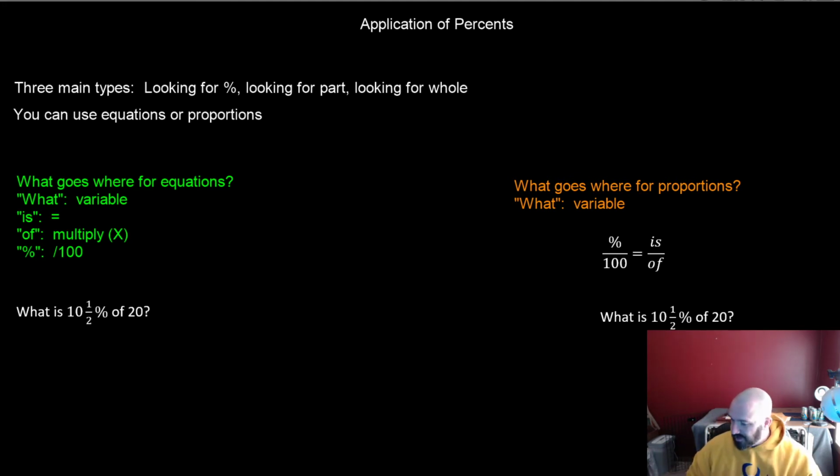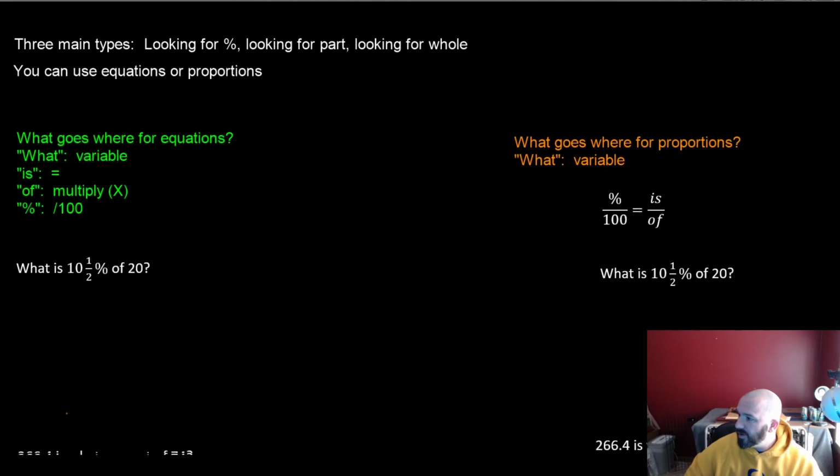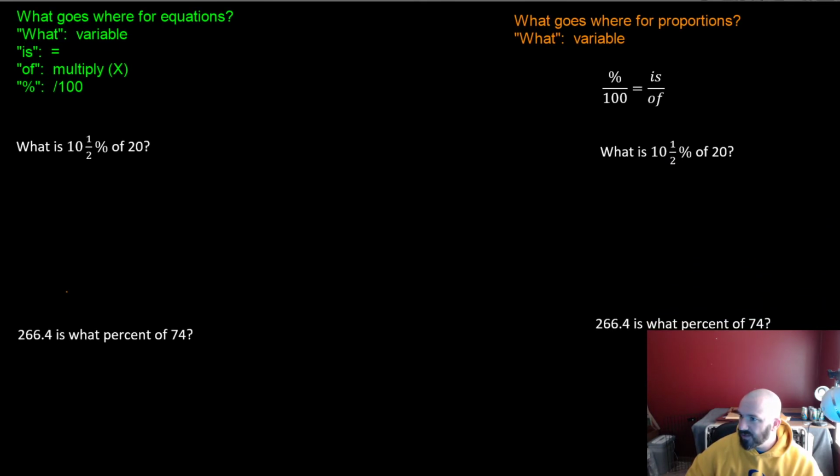So let's start with the equations. While we are working with equations, we are going to need to interpret each and every word in the sentence structure. So what is 10% of 20? Or I'm sorry, 10.5% of 20. So "what" is x, "is" means equals, then 10.5%.